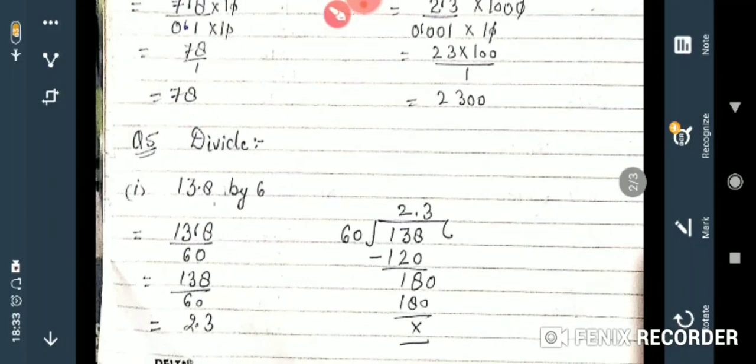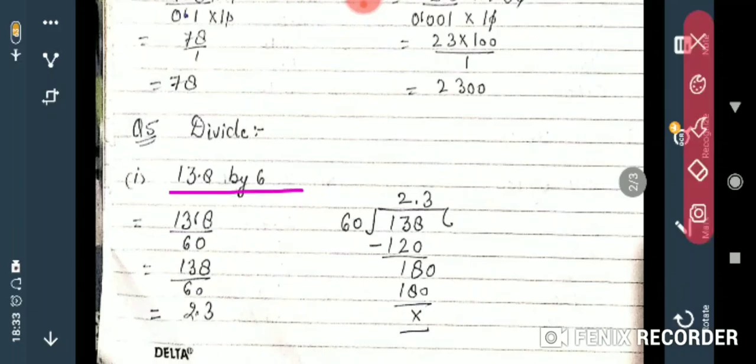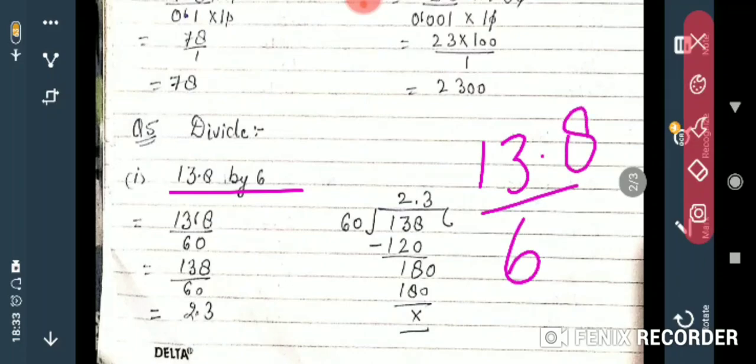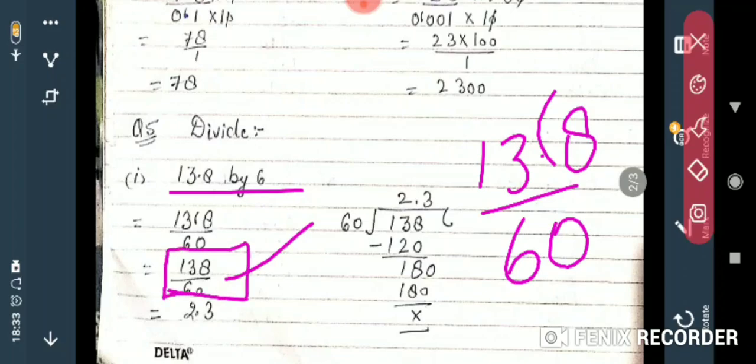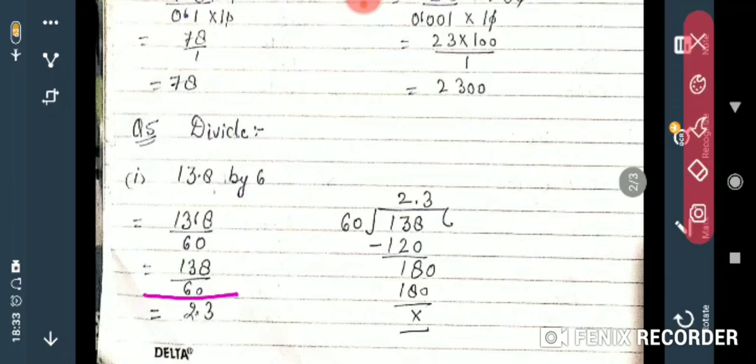Next question. 13.8 by 6. So how can you write it? 13.8 upon 6. We'll remove this point and what will come here? 0. So you have to divide 138 by 60. Okay. See, if you remove the point and change it to without decimal, then you can divide it very easily.